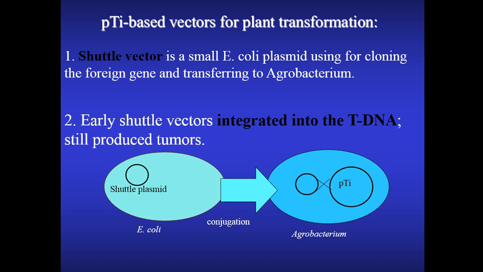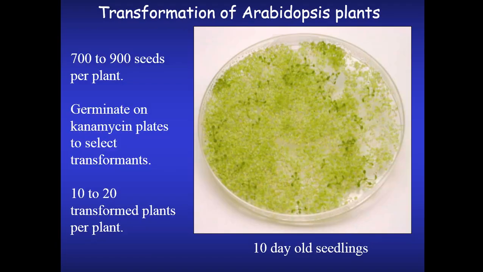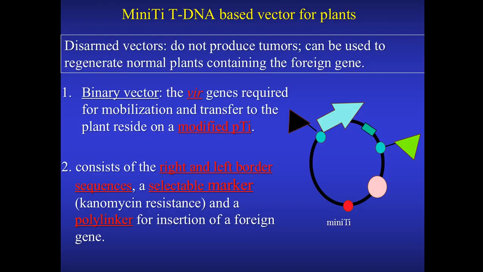So here, the tDNA is modified by removing auxin and cytokinin genes and adding the gene of interest. Okay.